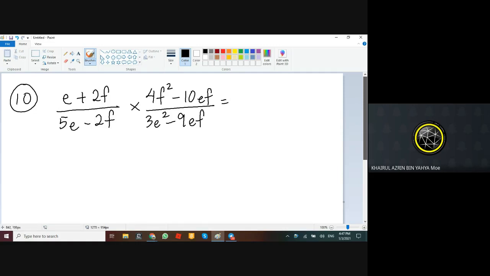Well, I think this is quite long. Maybe not enough space if I do it on the right, so I write it down here.